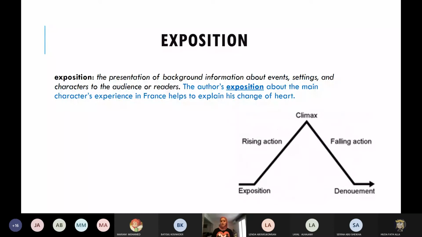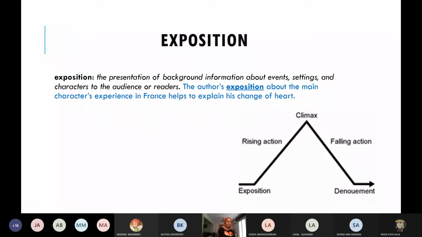Then exposition. What happens in the exposition? This is the organizer for writing a novel, for writing a short story: exposition, rising action, climax, falling action, resolution. When I open a novel, in the first few pages, what do I read at the beginning?